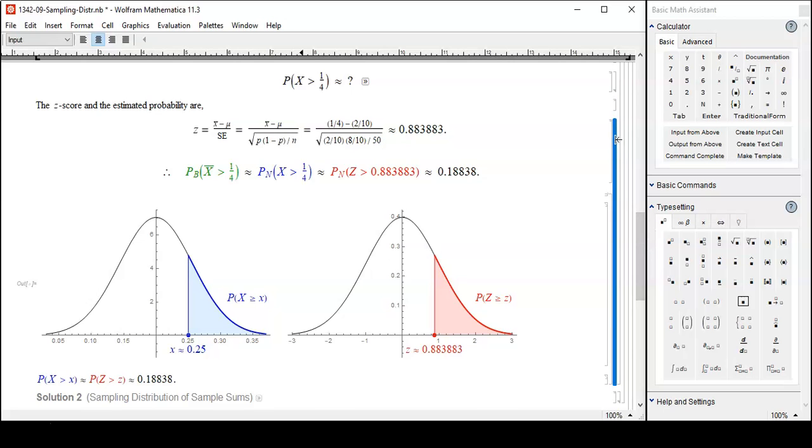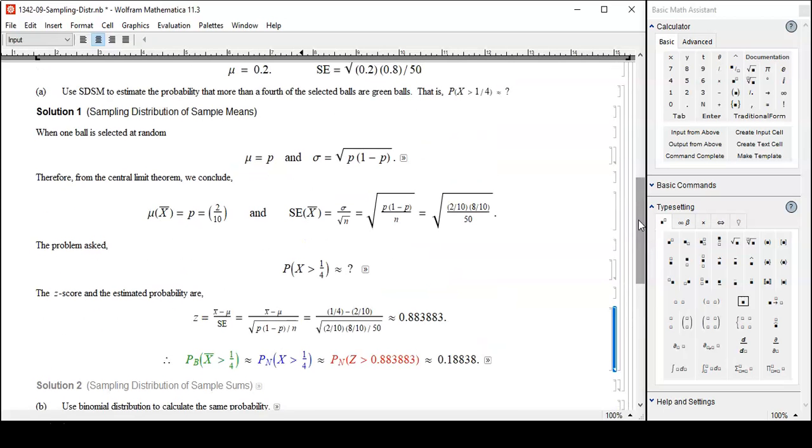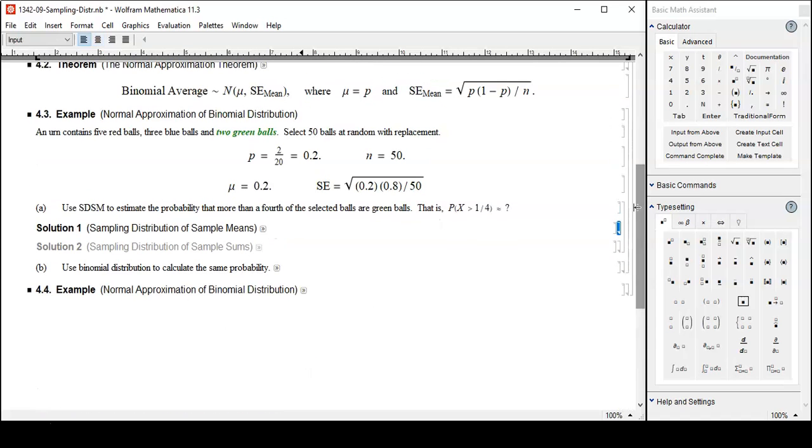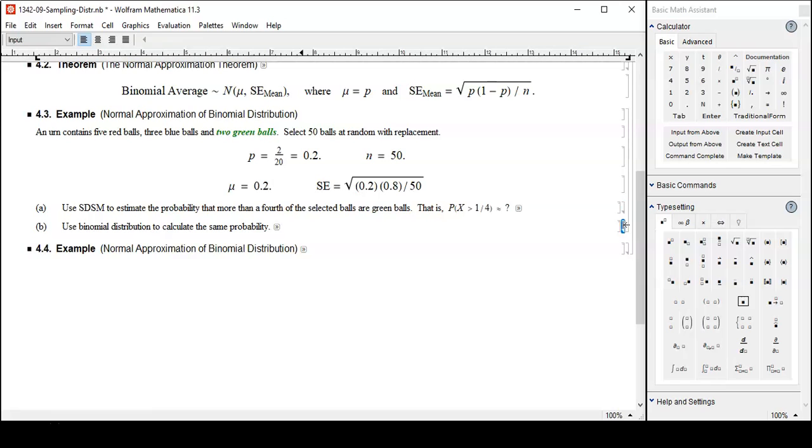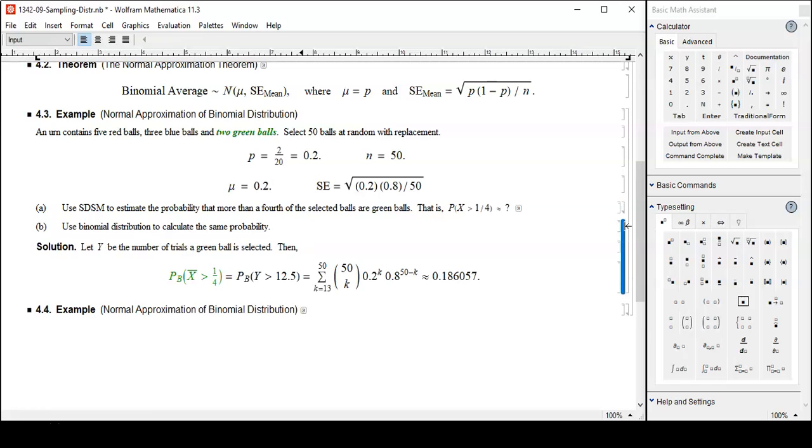All right, we got that. But then again, is this really a good approximation? Well, one way to check it is to use brute force and calculate it through the binomial formula. And it goes like this. Binomial 50 choose k, which is 50 factorial over k factorial times 50 minus k factorial.